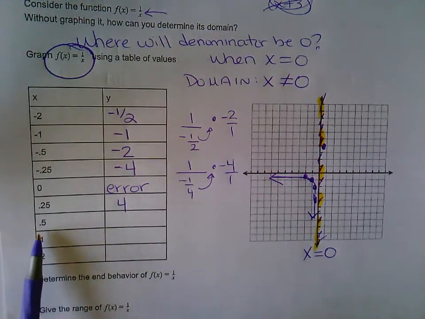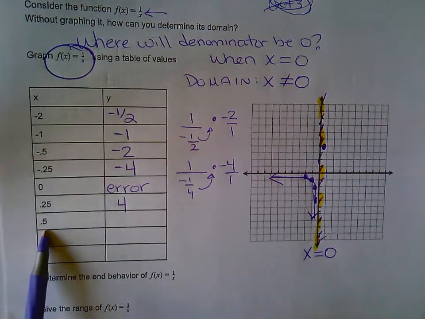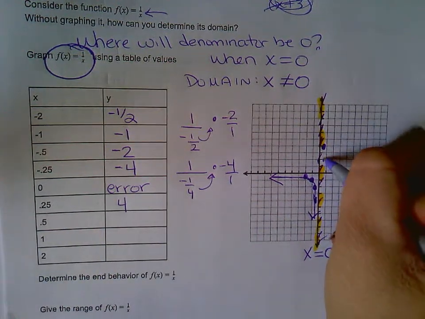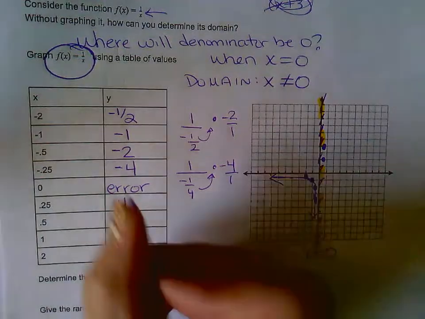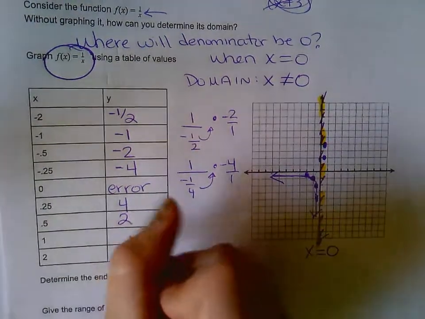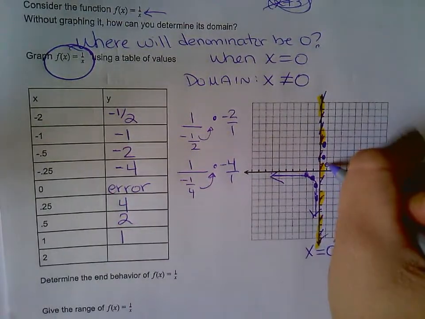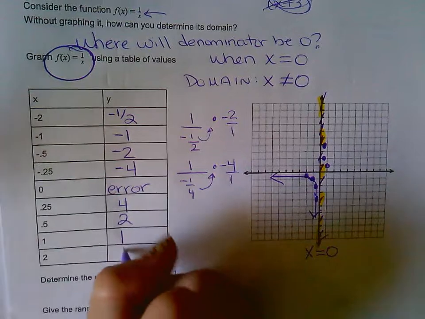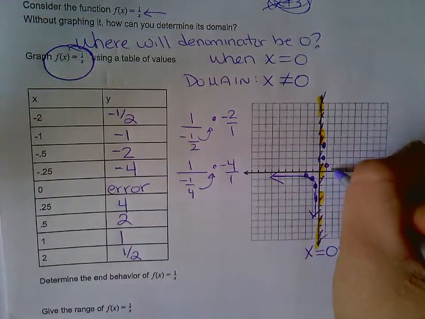And what about at 1/2? What's 1 divided by 1/2? 2. So at 1/2, I'm at 2. And what about 1? Well, 1 divided by 1 is just 1. So I'm at 1, 1 over here. And what about 2? Well, 1 divided by 2 is 1/2, so I'd be right here.